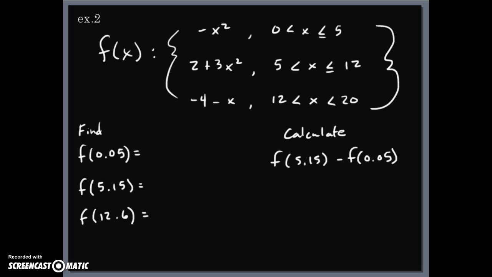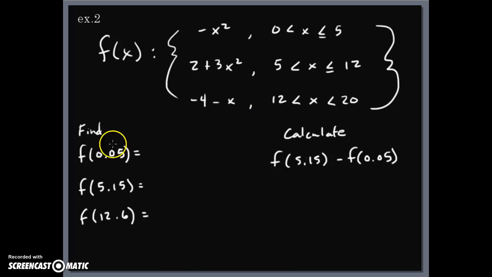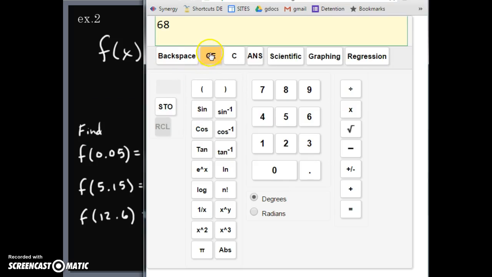Example number 2. We're only doing 2 examples today. So we've got f of 0.05. 0.05 fits in between 0 and 5, so I'm going to put in my input for x, top equation, squared, and I'm going to use the calculator for this.